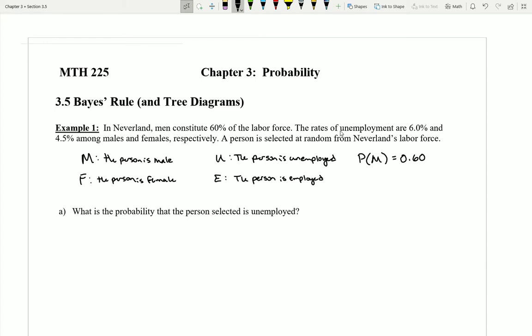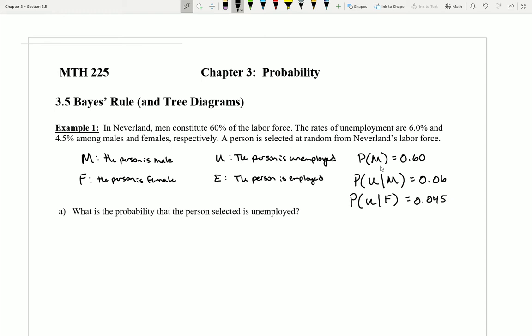Notice that these are actually conditional probabilities, because the chances that I find someone unemployed, given that I'm only looking at males, is 6%. And the chances that someone is unemployed, given that they are female, is 4.5%. So I have all these different numbers here.